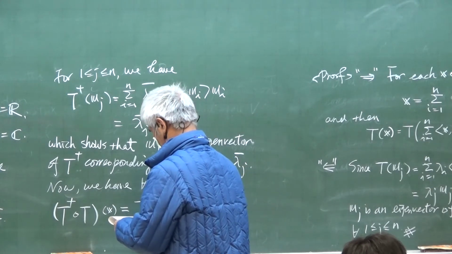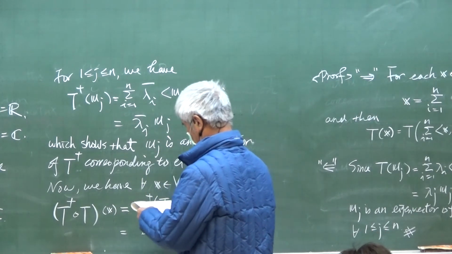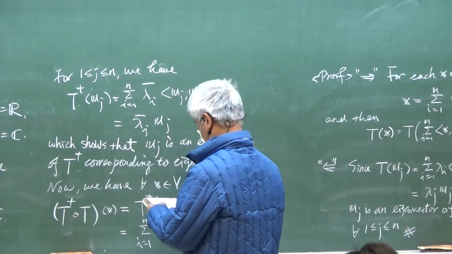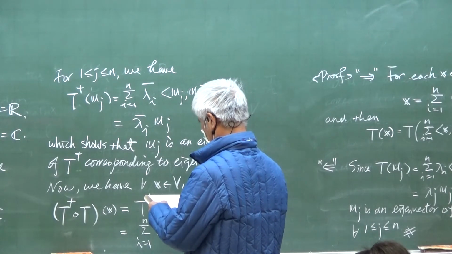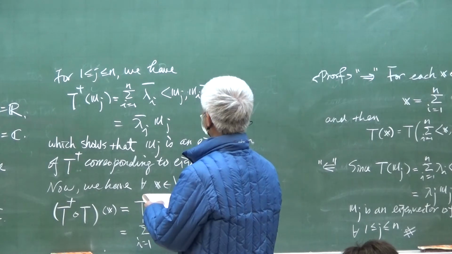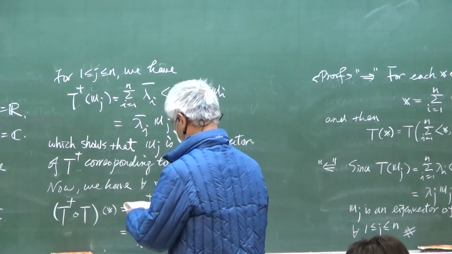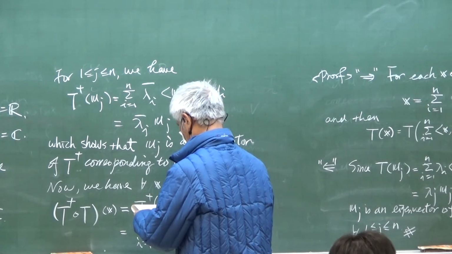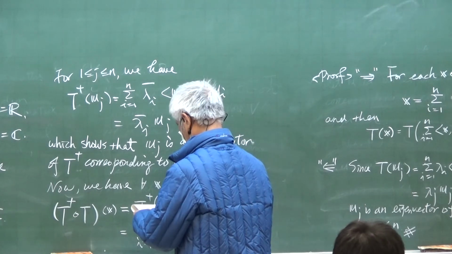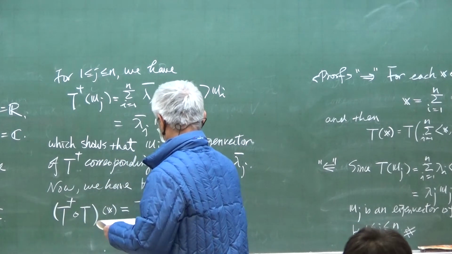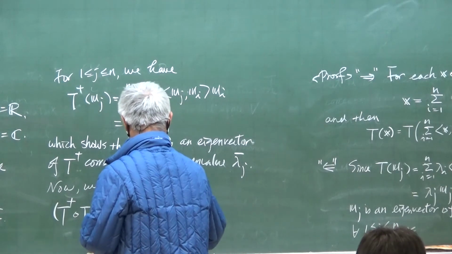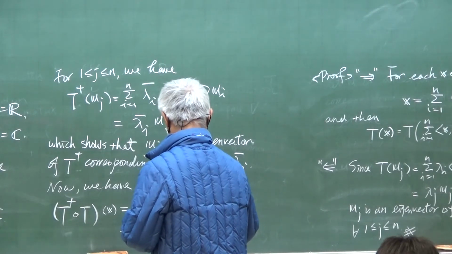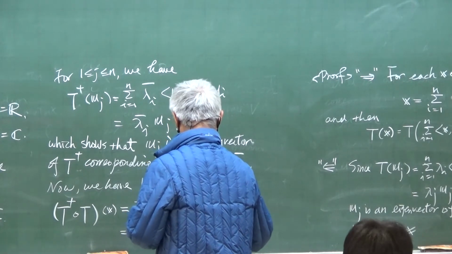This is the sum from i from 1 to n. So T dagger, so we have lambda_i and x, u_i.